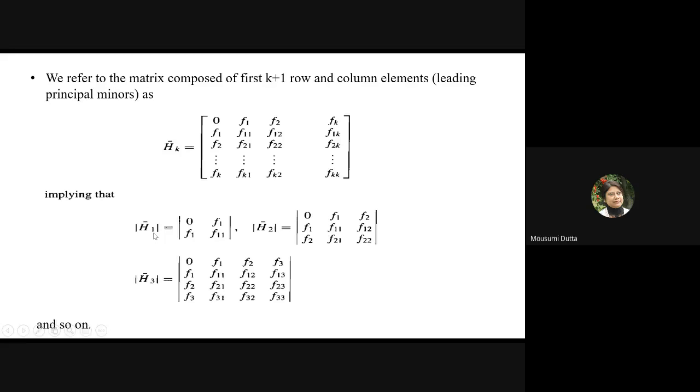It doesn't matter whether you write 1 or 2. Remember, when you consider the first principal minor, you have to consider the first principal minor of the Hessian determinant along with the border.